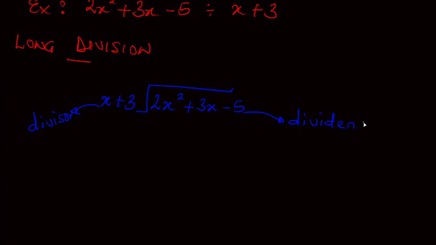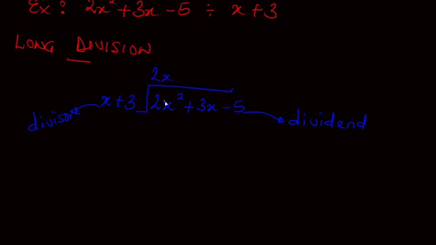It's important to know their names, just in case we have questions like that, and so that you understand and are able to follow when I'm explaining. So the first term in the divisor is x. We use it to divide the first term in the dividend. That is, 2x squared divided by x, and that will give us 2x.